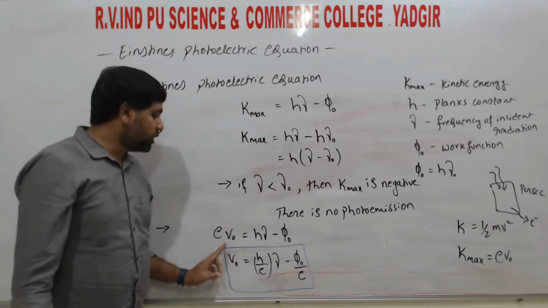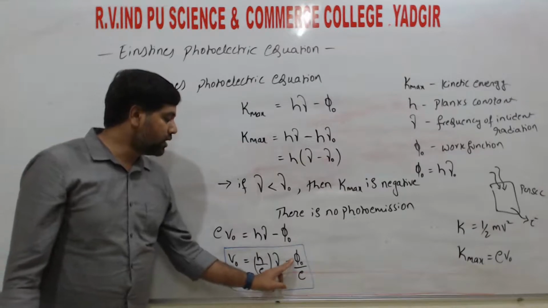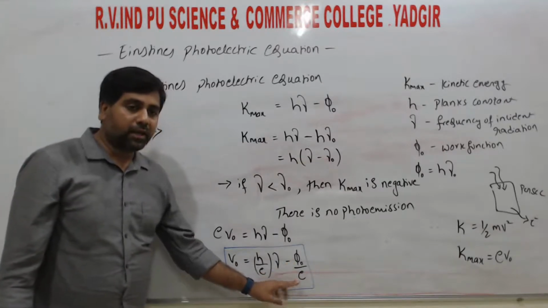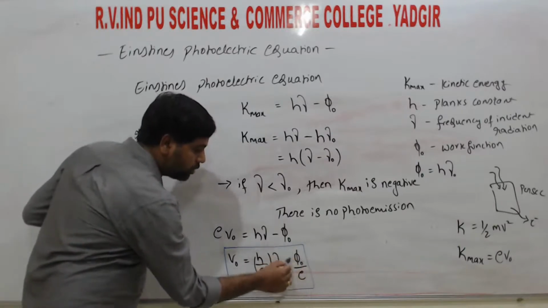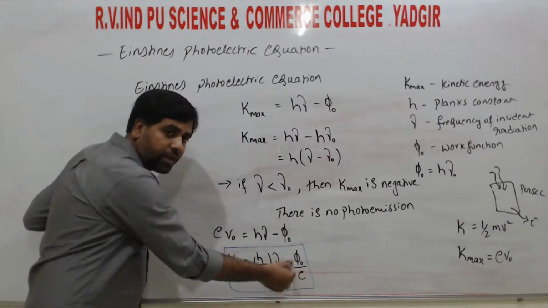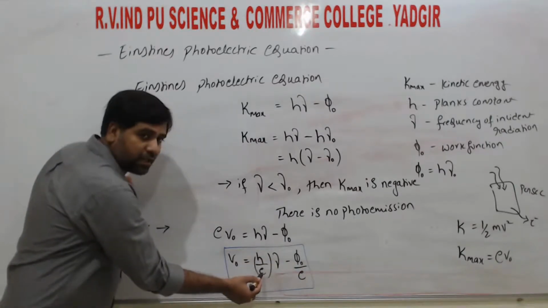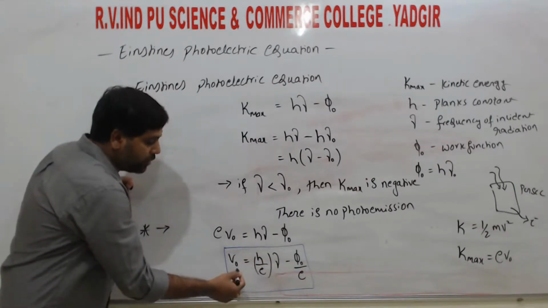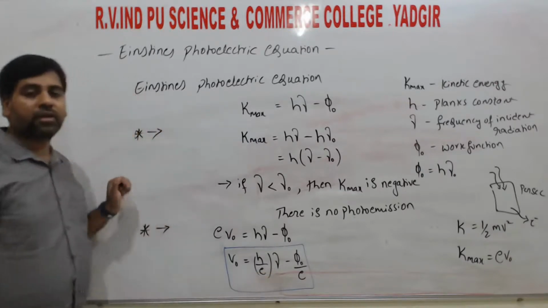Now if we shift this to the RHS, it becomes h divided by e into nu minus phi naught divided by e. So if we observe here, phi naught is constant, constant divided by constant, we get a constant value only, right? So h divided by e is also constant. Then V naught is directly related with nu.